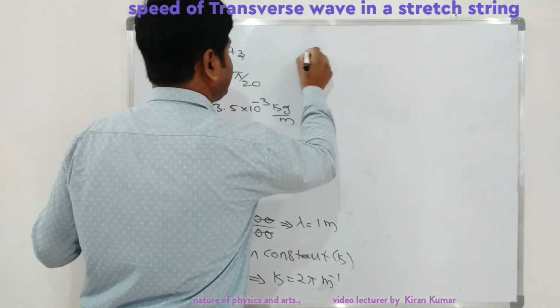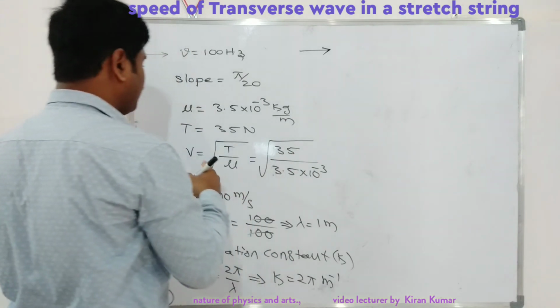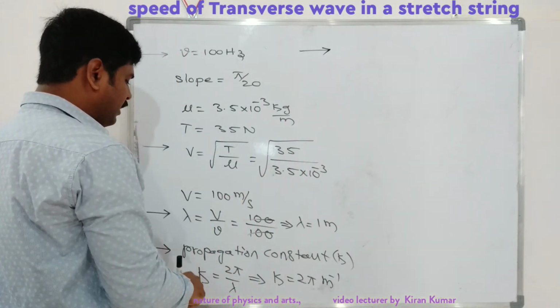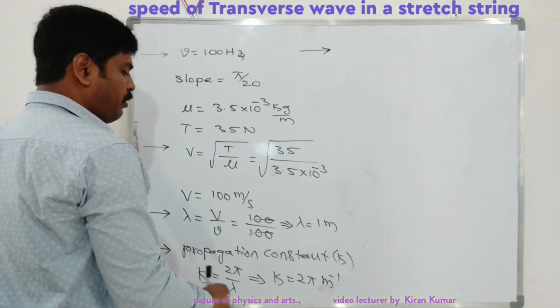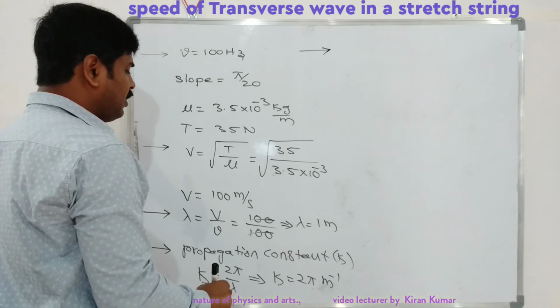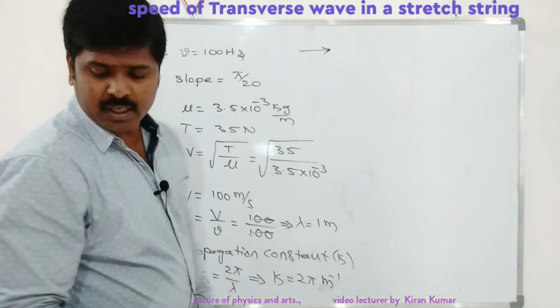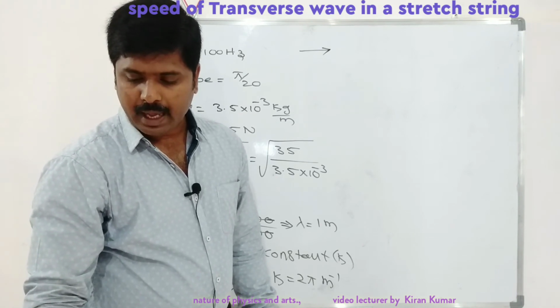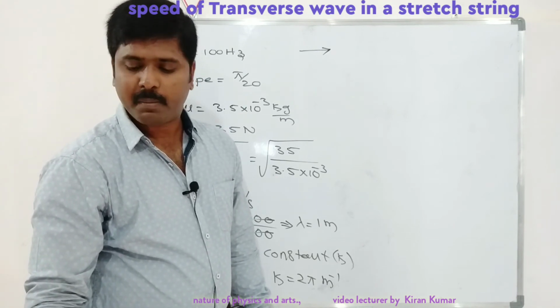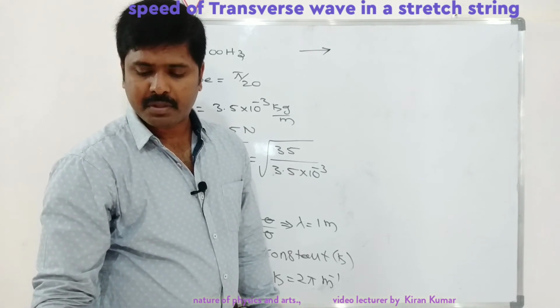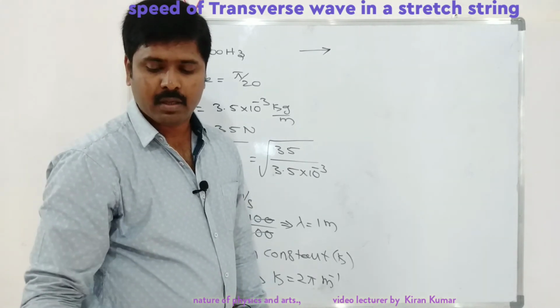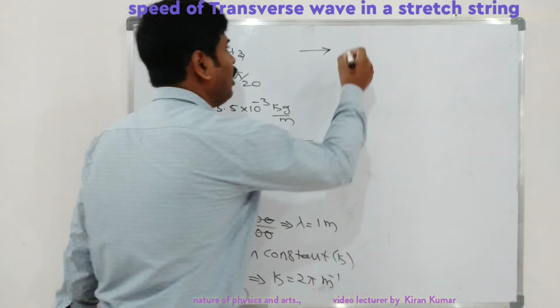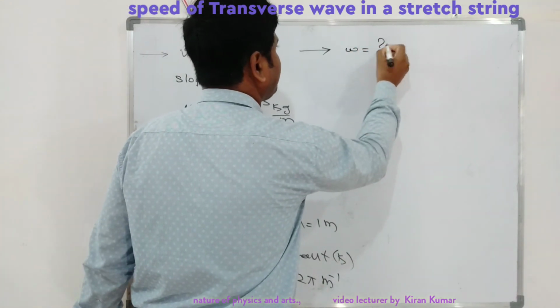First we got velocity, second we got wavelength, and third we got the propagation constant. So how many options are completed here? Velocity we got. Angular frequency we have to discuss, omega value. Amplitude we have to discuss. The fourth option we got, that is wrong. So angular velocity omega, we have to find.